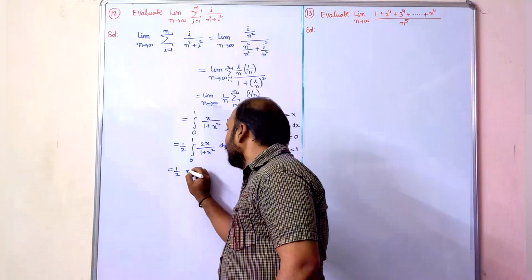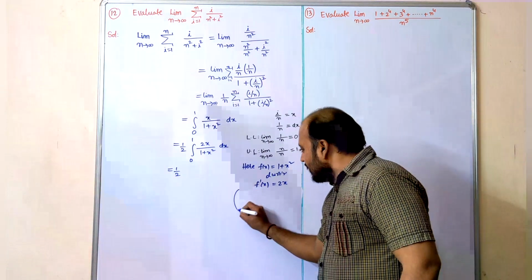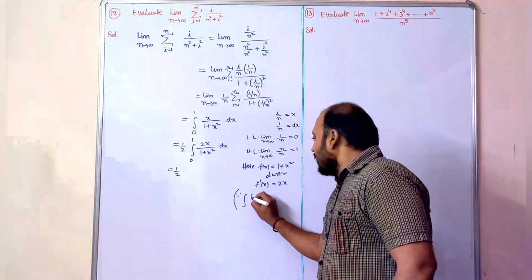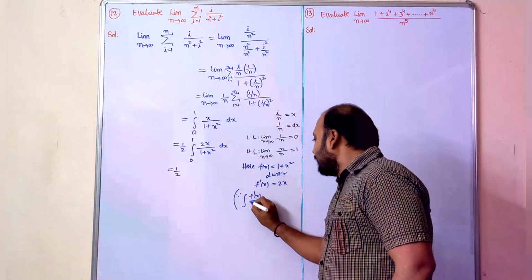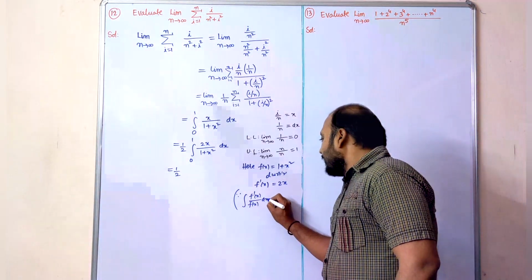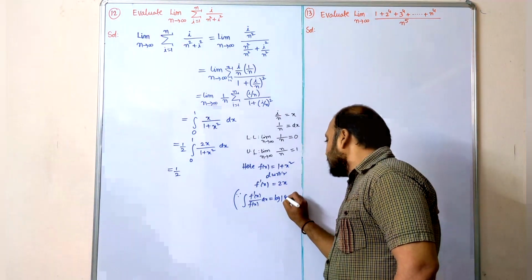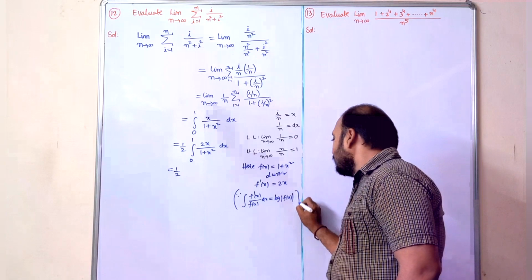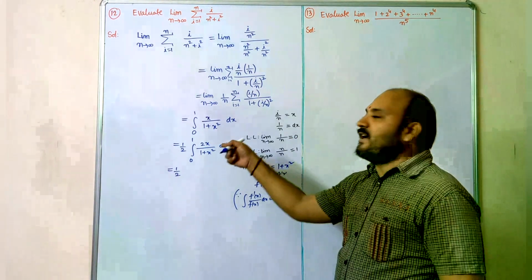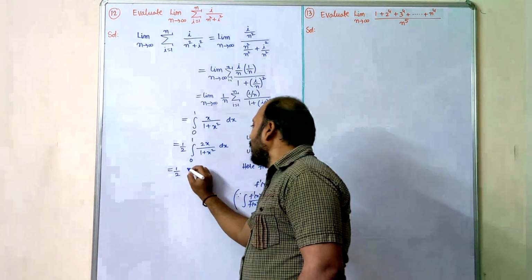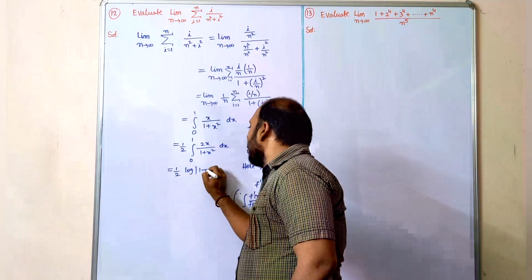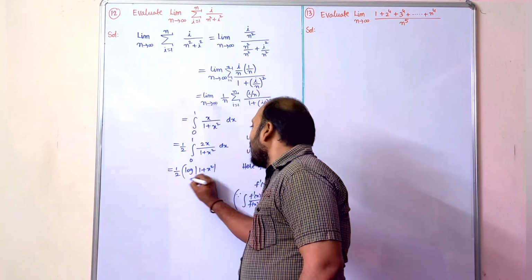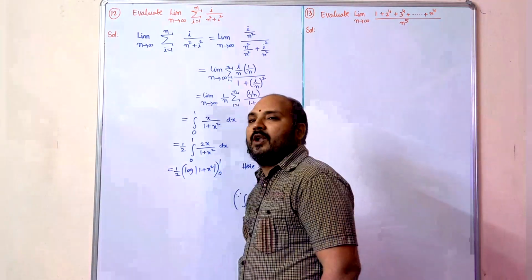So 1 by 2, in the previous question I wrote, but still those who are integral f dash of x by f of x into dx is equal to log mod f of x. Generally plus c you are right, but this is a definite integration, no? That is the reason I am not writing. Log 1 plus x square, applying the limit 0 to 1.